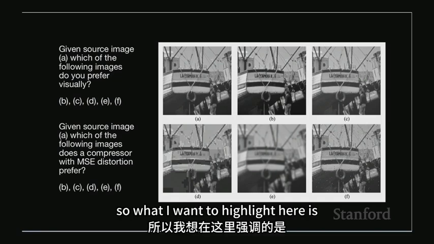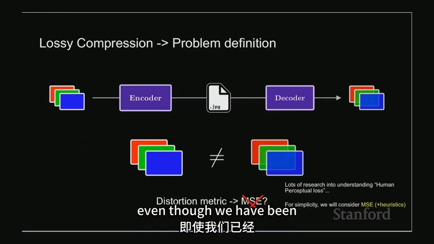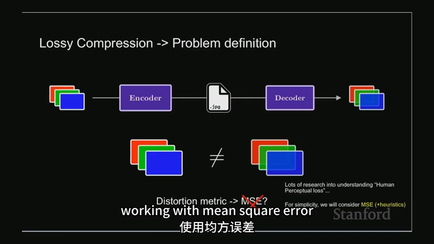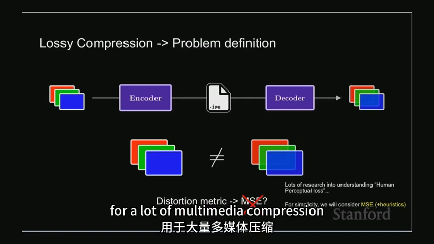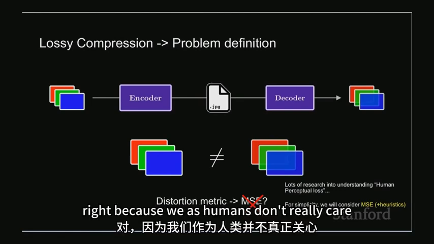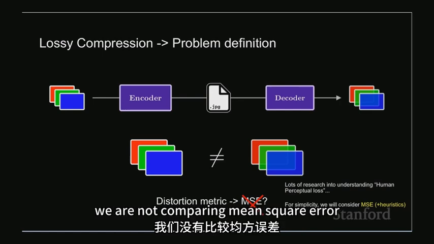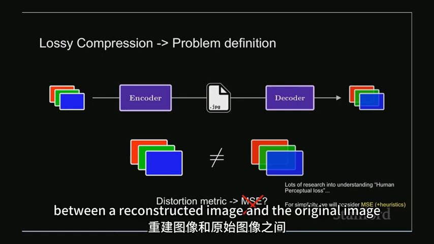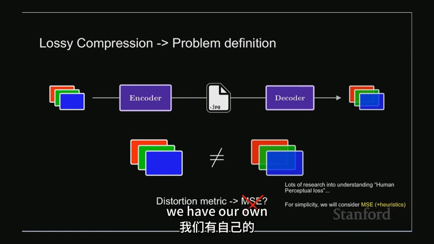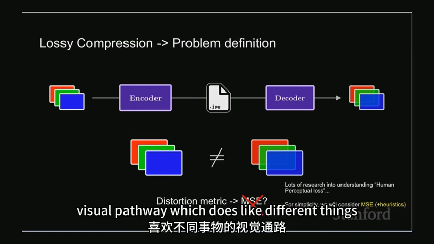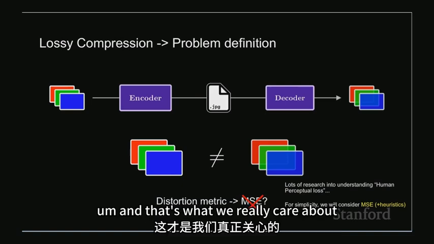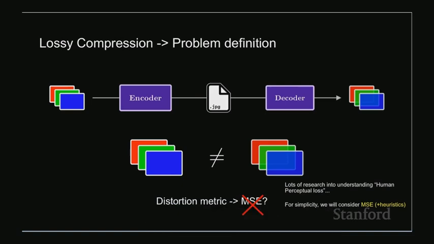So what I want to highlight here is, even though we have been working with mean square error, that is not the right metric for a lot of multimedia compression. Because we as humans are not comparing mean square error between a reconstructed image and the original image. We have our own visual pathway which does different things, and that's what we really care about.